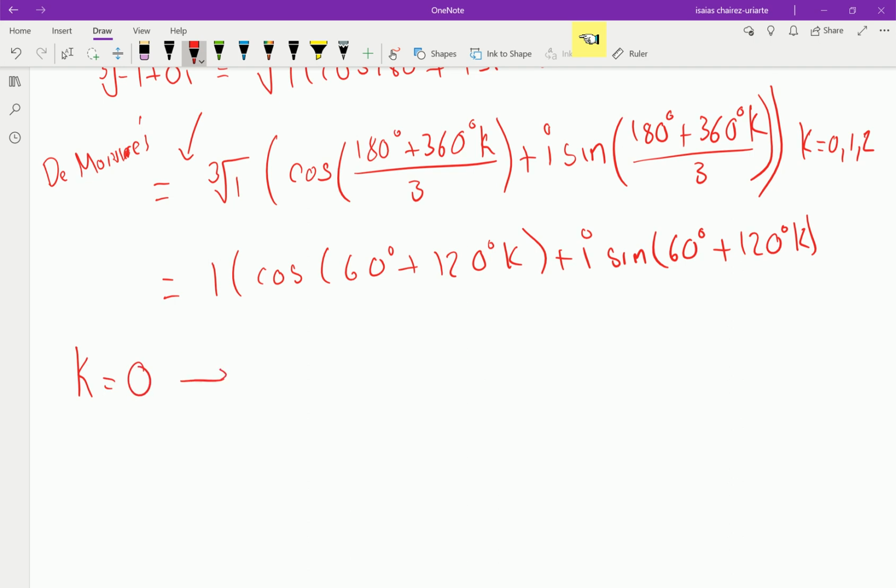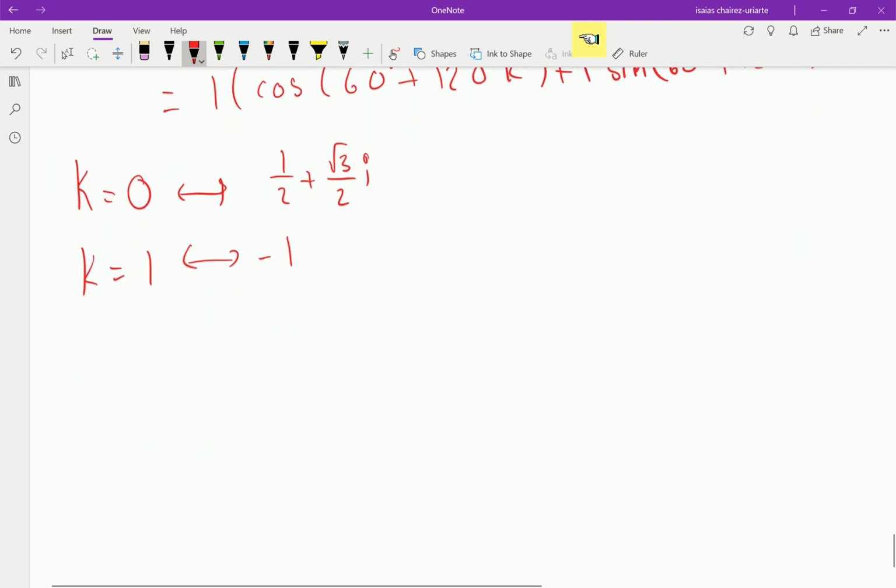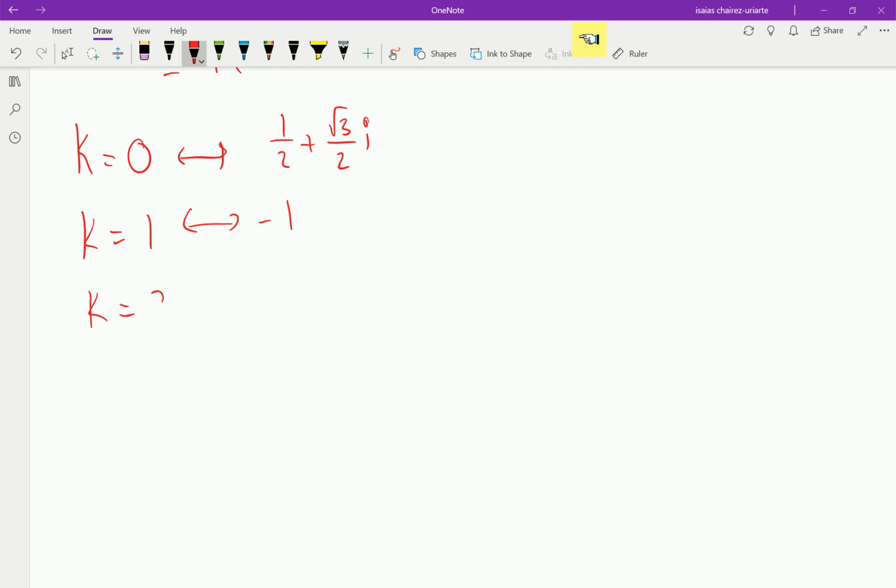If k equals 0, the cubic root is 1/2 plus square root of 3 over 2 i. If k equals 1, I end up with just negative 1. And if k equals 2, you should end up with 1/2 minus square root of 3 over 2 i.